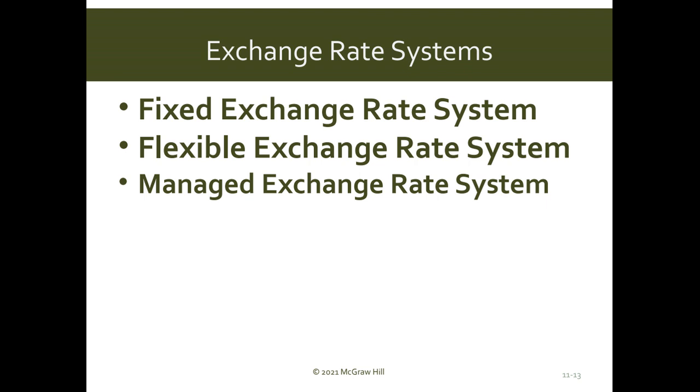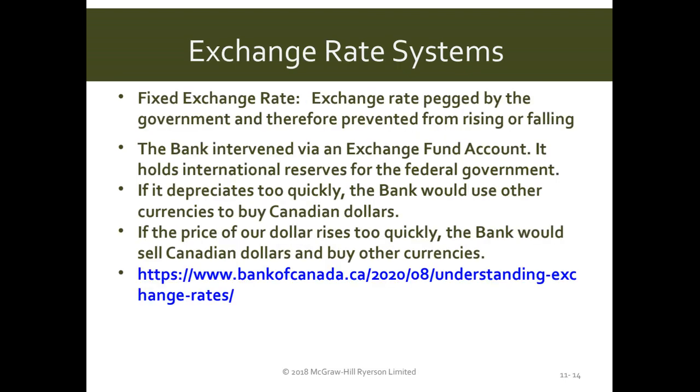So this is how the federal bank or central bank, or Bank of Canada in our case, controls exchange rates. So exchange rates are pegged by the government and therefore prevented from rising or falling. How is this going to happen, how do banks actually control or fix these exchange rates?